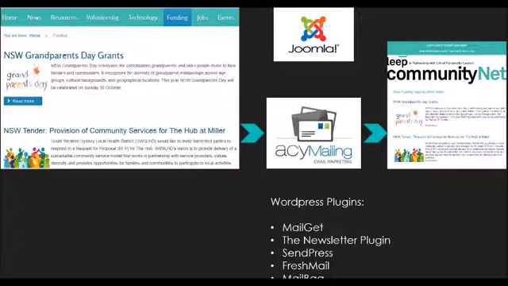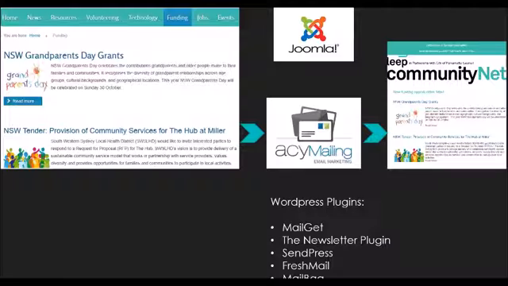For WordPress, if you're using WordPress, there are a number of plugins that you can use. Those are some of them. None of these are free, but they are a lot cheaper than a standalone email service. AC Mailing will set you back, depending on the version you use. You can have a starter version that is free, actually, but it's not that great. It's very limited.